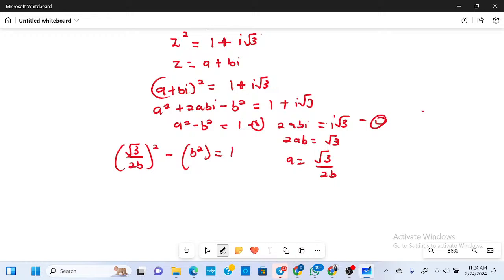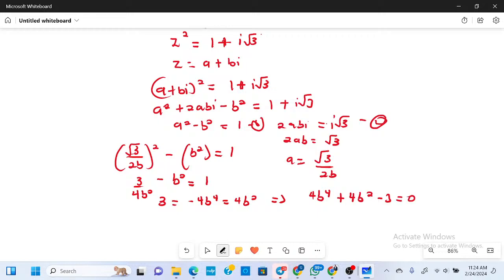So this gives me 3 over 4b squared minus b squared is equal to 1. Then I multiply through by 4b squared and I'll get 3 equal to 4b squared plus 4b to the power 4. So this is giving me 4b to the power 4 plus 4b squared minus 3 is equal to 0.